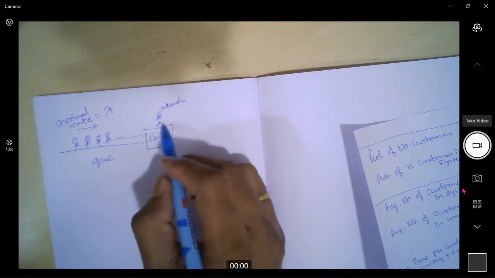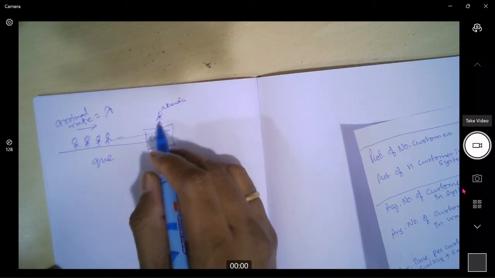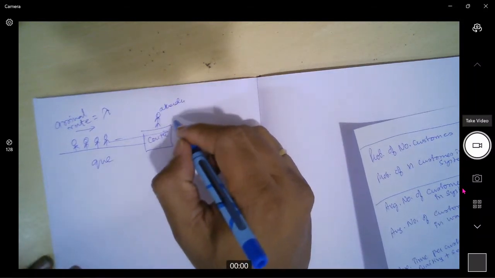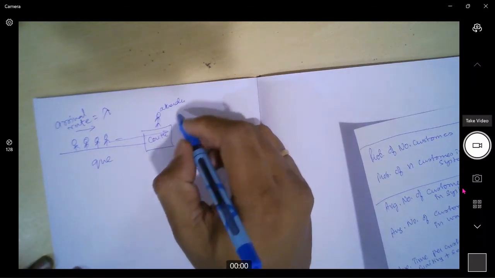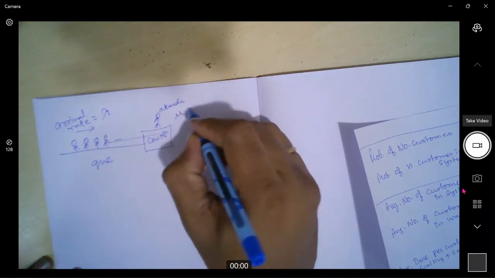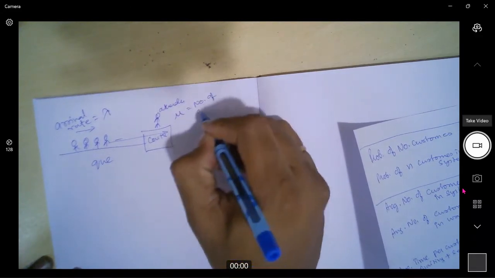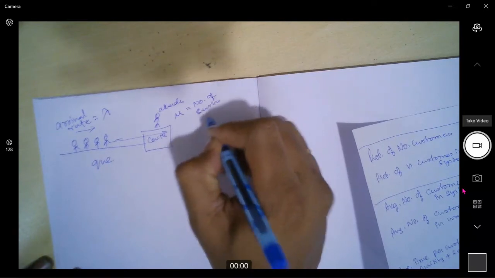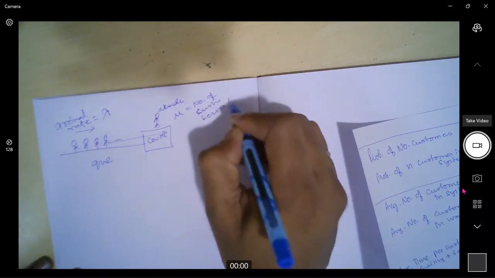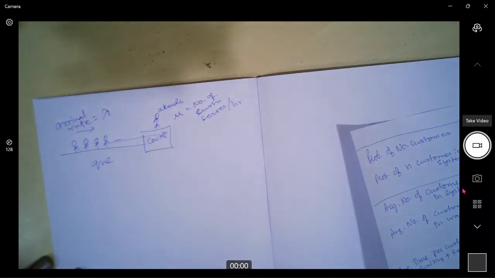This particular person takes a certain time, which is called processing time. So we have the rate of the server, which we call mu, that is the number of customers served per hour, or per minute, or per whatever the time.